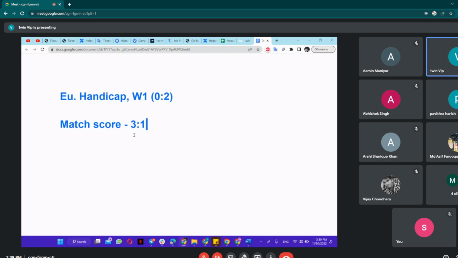The match is completed, main time score is 3-1: 3 goals made by the first team, 1 goal made by the second team. In this case, we simply need to combine handicap and match score. So 3 plus 0 is 3, 1 plus 2 is 3.